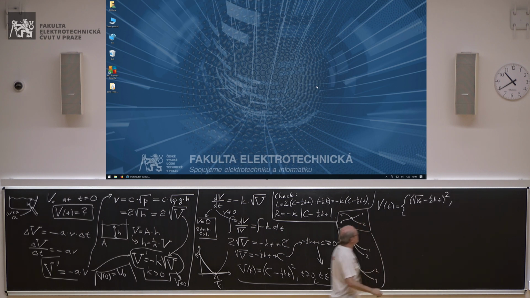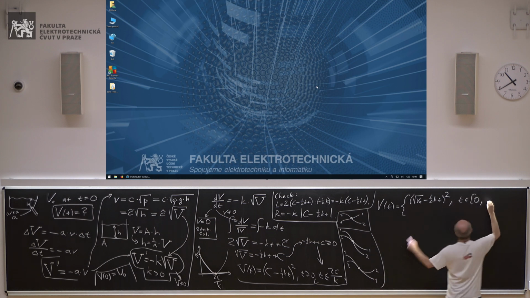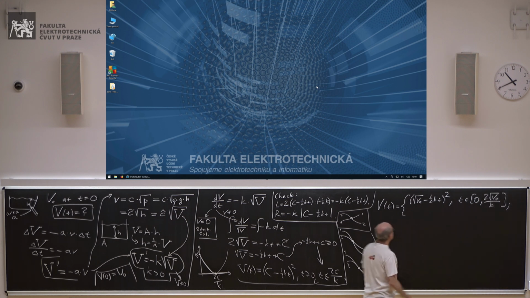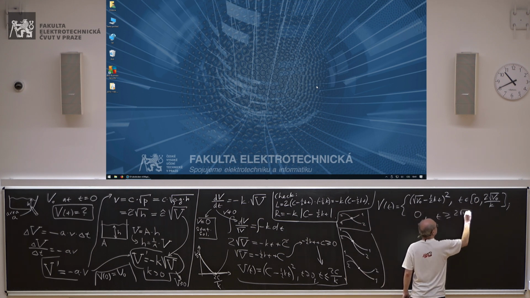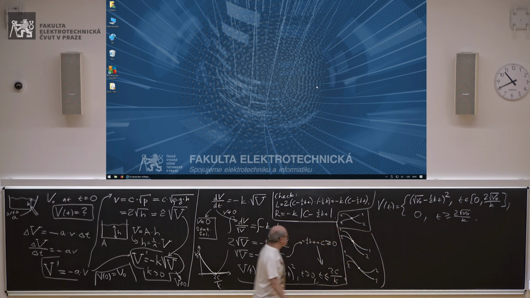So that's one possible formula that we can follow, but we can only follow it down to this vertex. So t belongs to the interval from 0 to 2c, yes, 2c, which is 2 square roots of V0 divided by k. And then we switch to the other solution. And then there is the second possibility that we simply take the stationary solution.